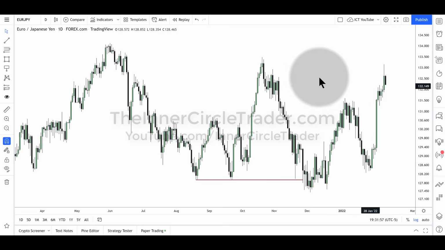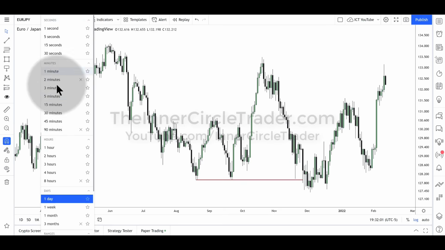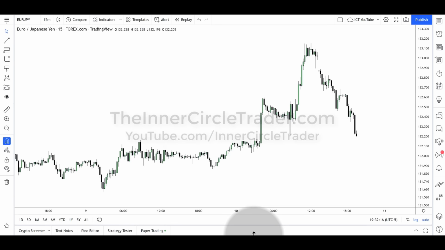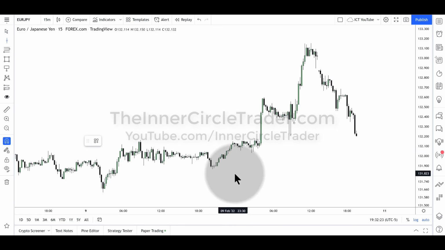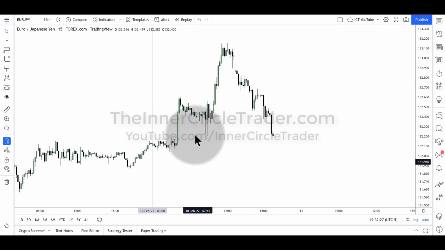Okay, the 10th. So we're going to drop down into a 15-minute time frame. All right, here's the 15-minute time frame, and we're going to mark up our chart. Midnight New York time. Market rallies in here.